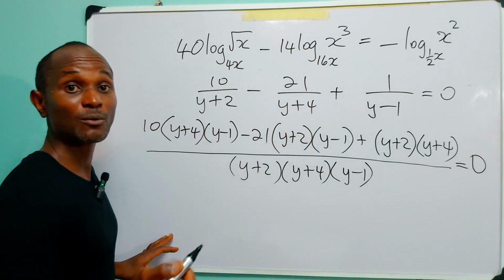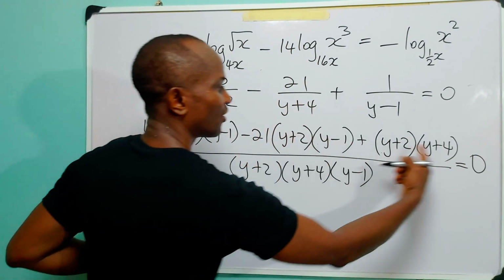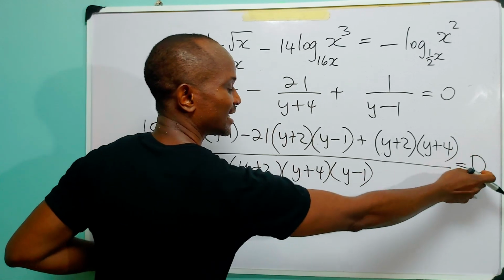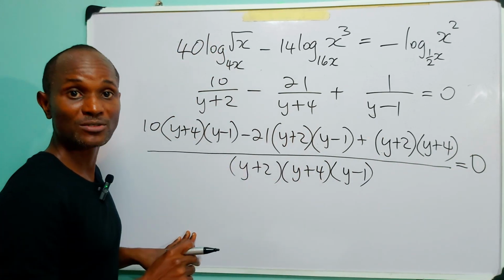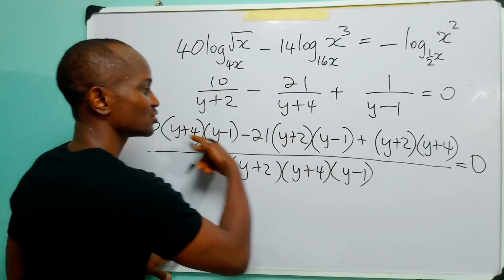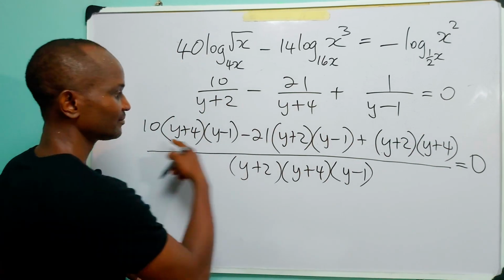Of course, everything is equal to 0. Now, to find the values for which this is equal to 0, what we have to do is to solve the numerator.